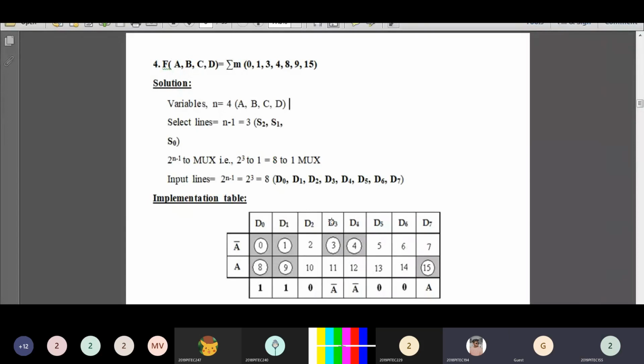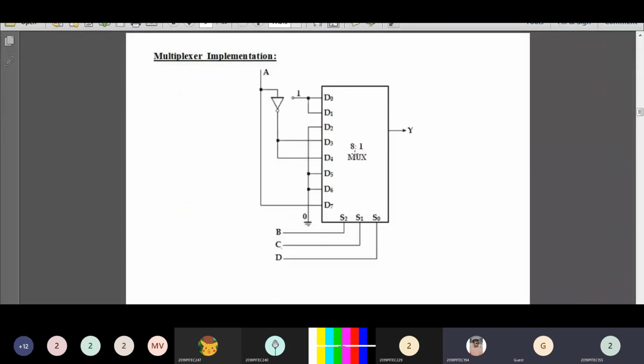So the inputs D3 and D4 should be connected to A dash. Here you have to draw one line named as A, and the input of the NOT gate is connected to A, so your output will be A dash. That should be connected to D3 and D4.